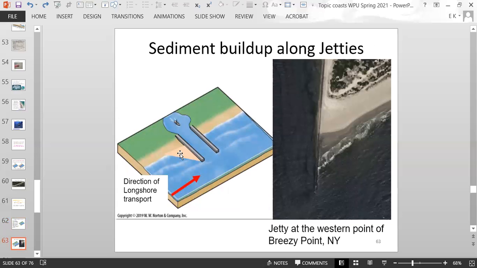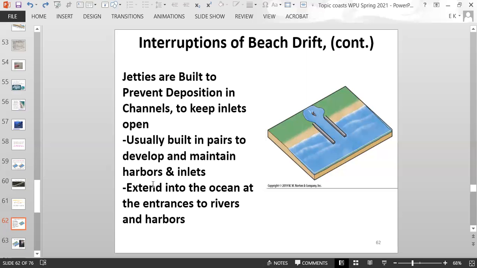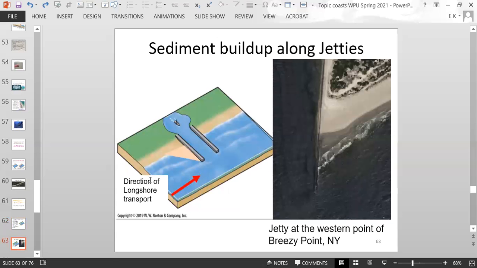So then I added a little sand buildup right there. See? Okay, so longshore transport going this way, and then the sand builds up along the jetty instead of going across. If the jetties were not here, the sand would just go across like this and block off that channel, and it would make a continuous sandy beach.